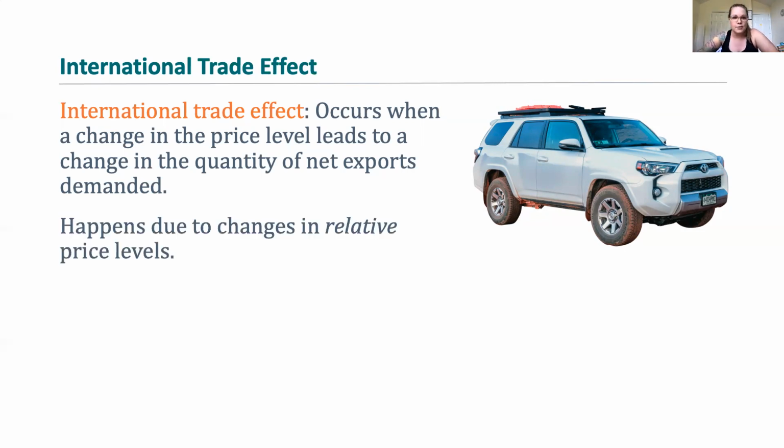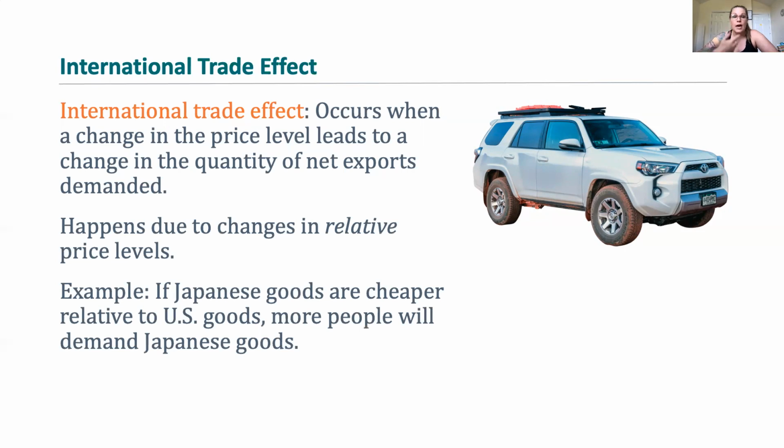If price levels in the United States increase, assuming that all the other countries, their price levels remain the same, then it makes US made goods relatively more expensive. And so our exports will fall because people will be buying goods from elsewhere rather than buying our expensive US goods.